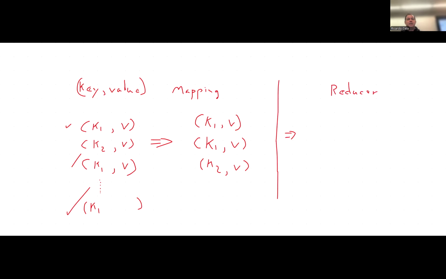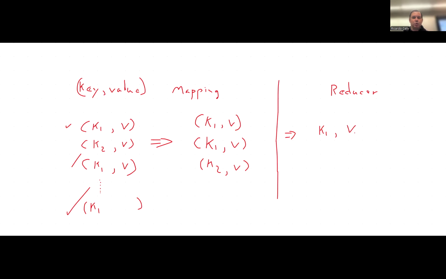That now, instead of having K1, K1, we only have one K1. Because now all the K1s have been reduced, right? And so this is going to be, let's call it V reduced R, right? And so that's what reducing is.